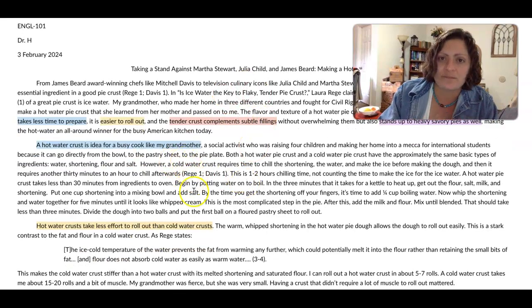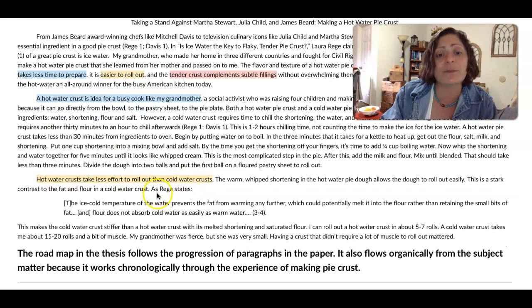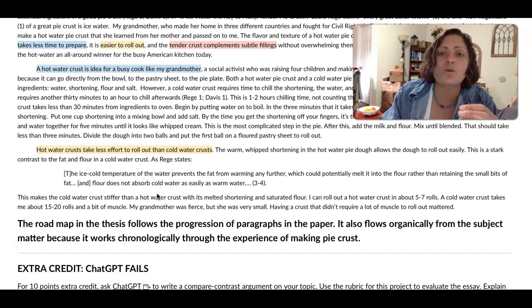And then as this sort of naturally progresses to how we've chilled, how we've prepared the dough, the next step is, of course, rolling it out. And in this, instead of synthesizing things that other people have said, I use a direct quote because it lays out the science of the cold water pie crust, which is the importance of that cold water is it's not going to melt the shortening, which is fat.